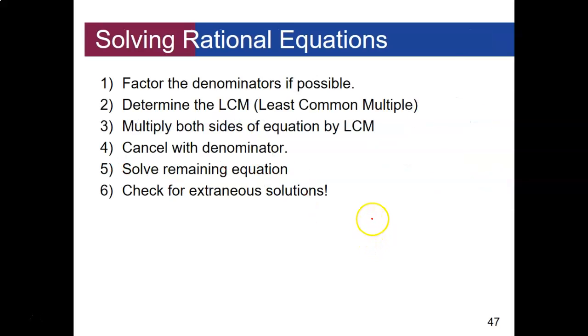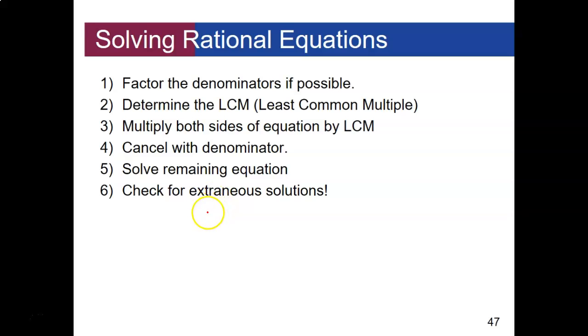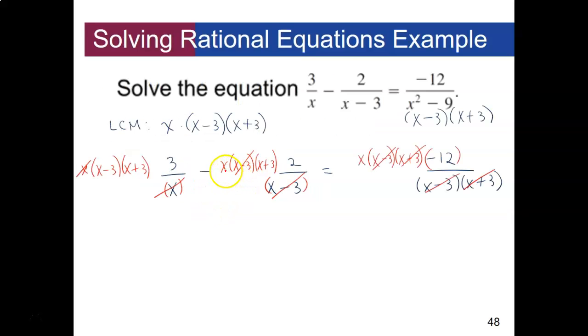So looking back at our list here, the next step is to cancel with the denominator. Okay, so if I look over here, I can cancel this x and this x. I can cancel the x minus 3's. Here I can cancel an x minus 3 and an x plus 3. Okay, so from here, our next step is that we want to solve the remaining equation.